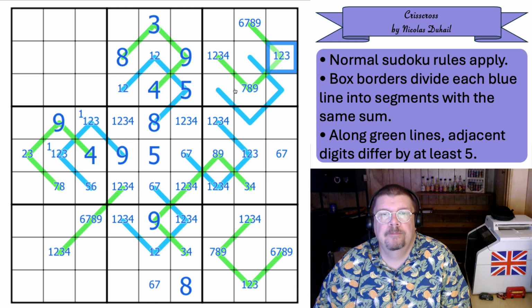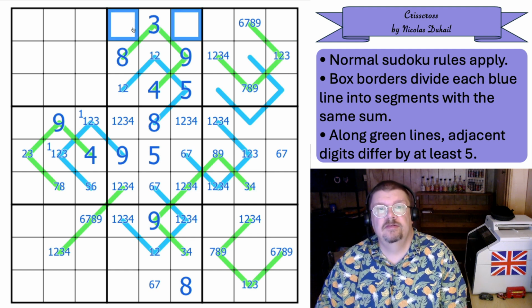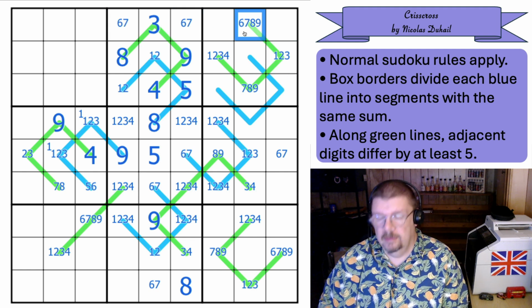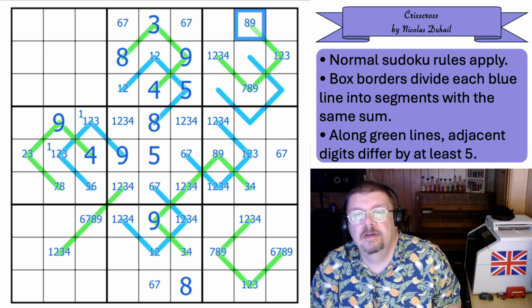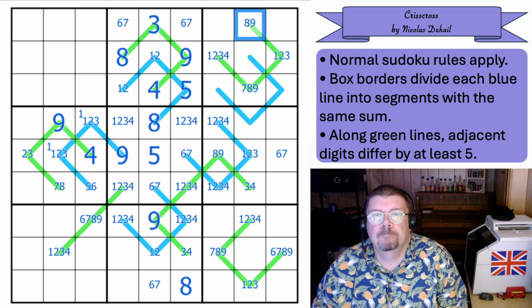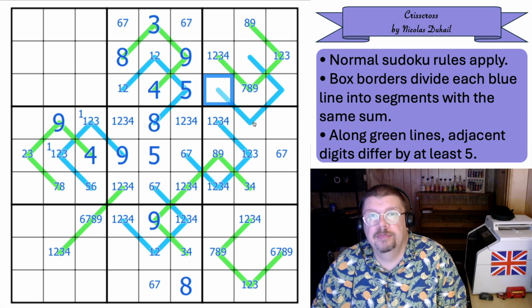Okay. 1, 2, 3, 4. So this digit, in fact, this is a 6, 7 pair. There we go. That removes 6 and 7 from there. So these digits are the same. It can't be 1, 2, 3, 4 because of this column. It can't be 5.